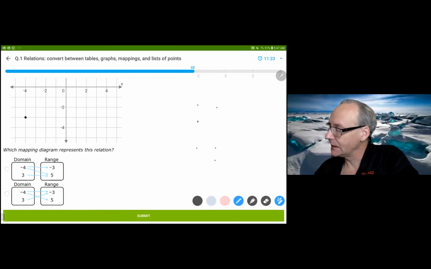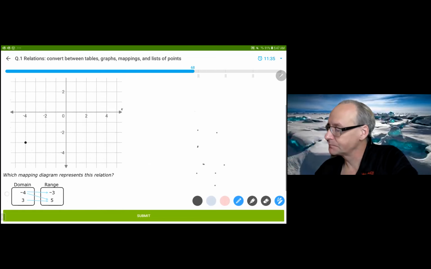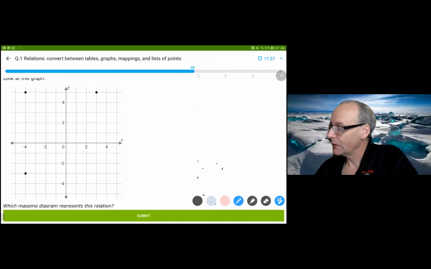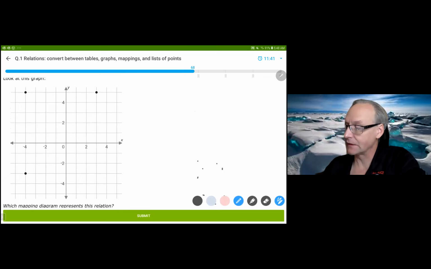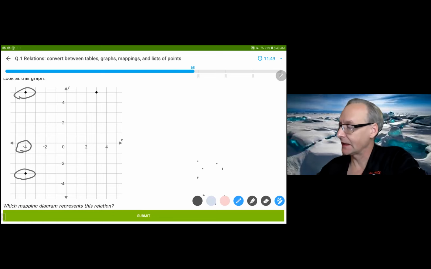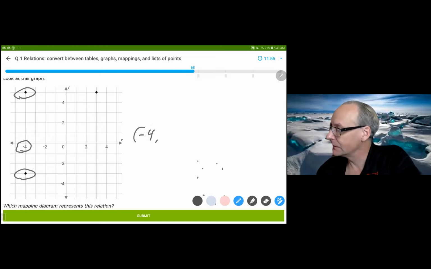Oh, we have a domain and a range. Interesting. Okay, something to bear in mind, because you are going to hear a thing called a vertical line test. You can see that these 2 points both are associated with the -4. So we have the -4, which is going to 5.